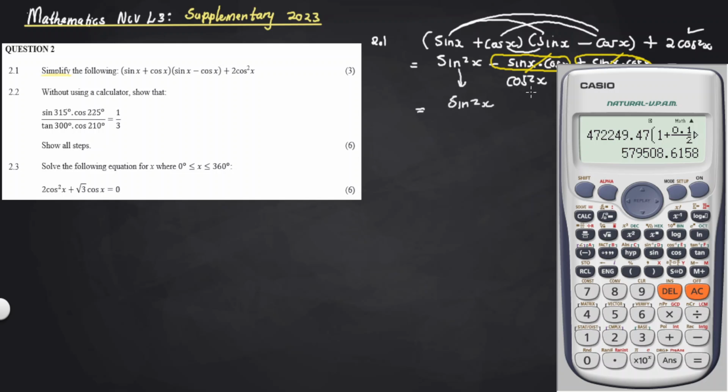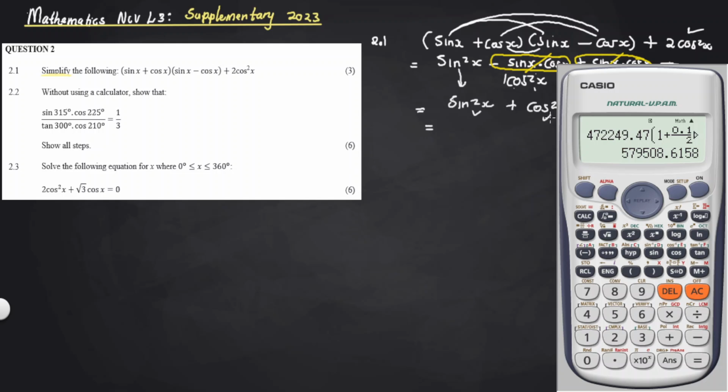On this end of the expression, minus, don't forget the negative sign, it's a negative cos squared x plus 2 cos squared x. These are also like terms. Minus 1 coefficient plus 2 coefficient. Adding the two gives us what? A minus 1 plus 2 gives us plus 1. That is why you have plus 1 cos squared x.